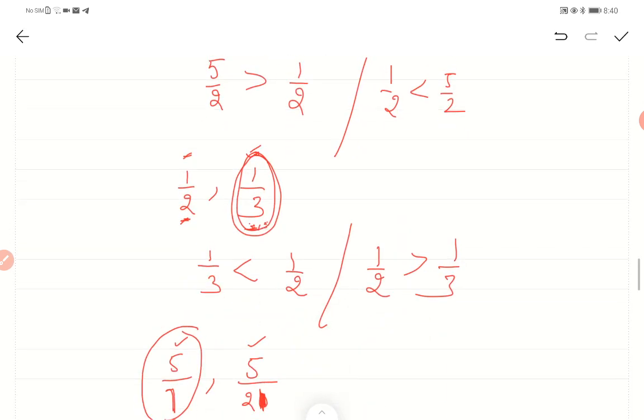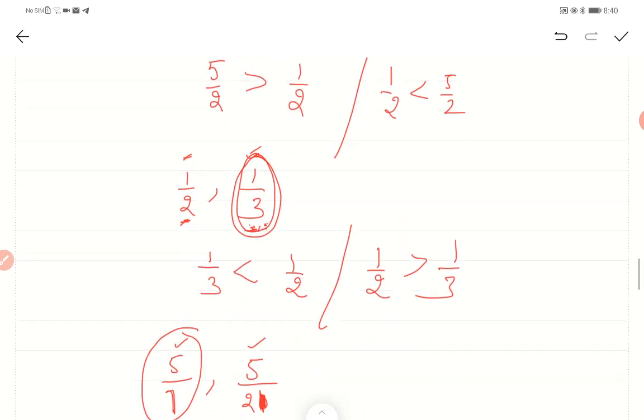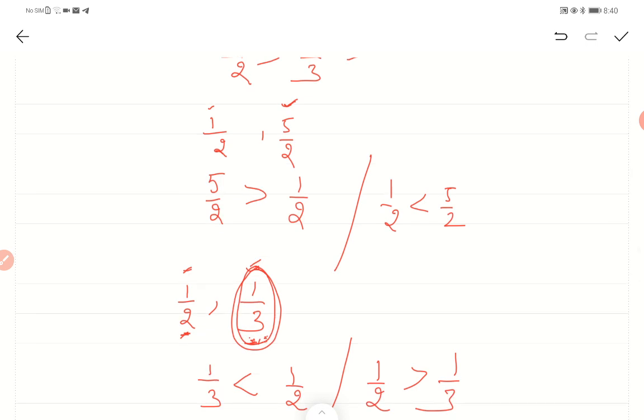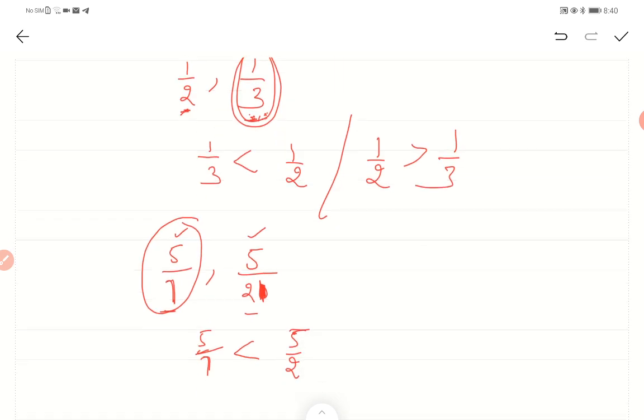Whenever denominators are equal, you compare numerators, and the bigger numerator gives the bigger number. Whereas it is opposite when numerators are the same: when you compare denominators, the fraction with the greater denominator is lesser than the other fraction.